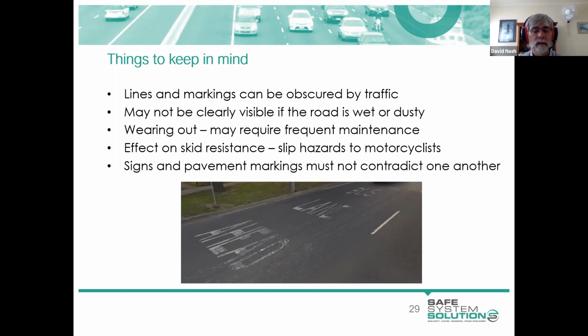I think the risk is not quite as bad as a lot of motorcyclists claim, but it's something to be careful about. Clearly, if you have adjacent signs and pavement markings, they must not contradict each other. They must work together to provide the same message to road users.